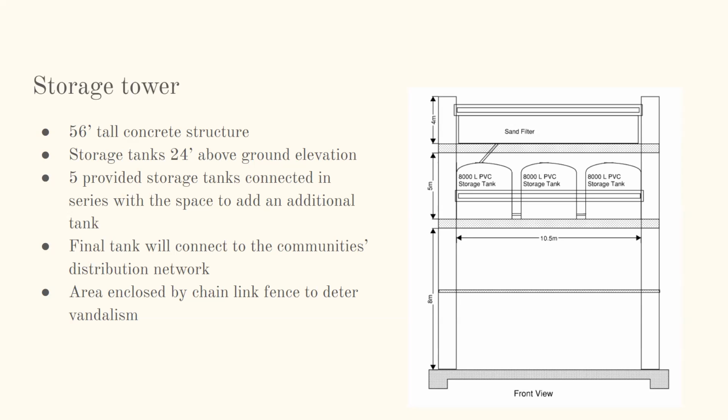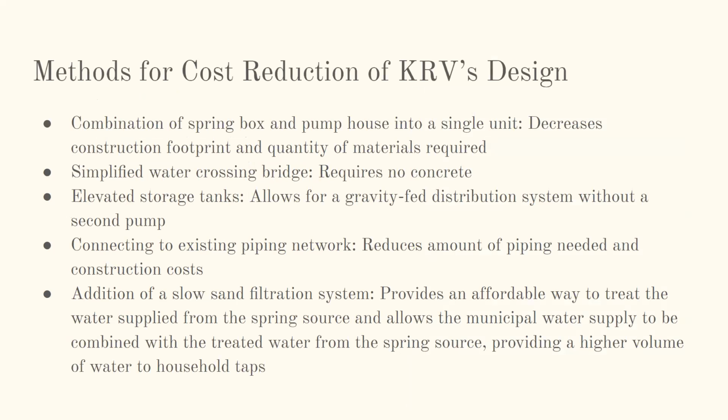All of the storage tanks are connected in series through a piping network, with the final tank ultimately tying into the community's distribution network. As for theft and vandalism, I know we've hit this already, but it is a huge concern. And with this storage tower being right in the middle of the community, it's even more imperative for this to be contained. So we've got a chain link fence with barbed wire, again, to deter vandalism and theft.